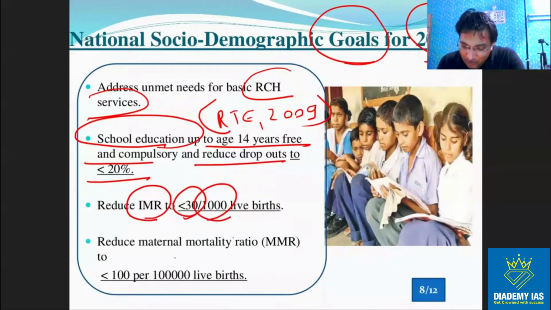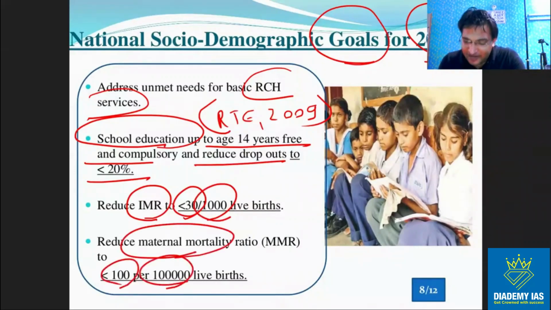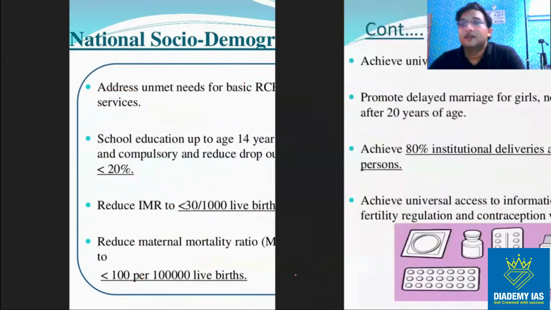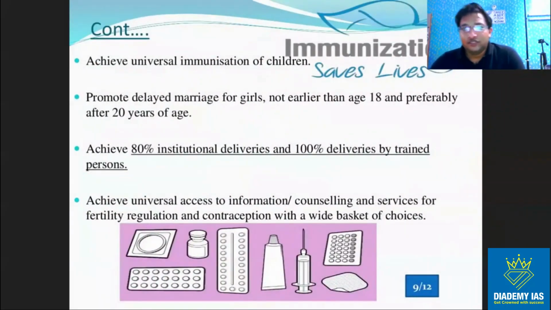Reduce MMR, maternal mortality rate, to 100 per 1 lakh, or 1 per thousand. ठीक है? Immunization, achieve 100% immunization. We have a scheme of Indradhanush, the universal immunization program.